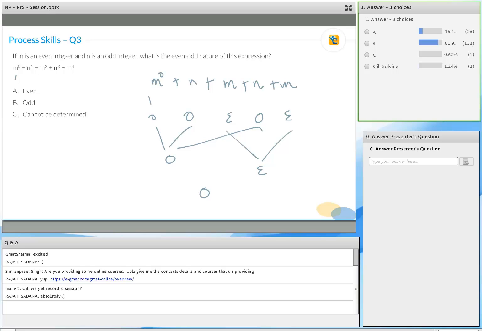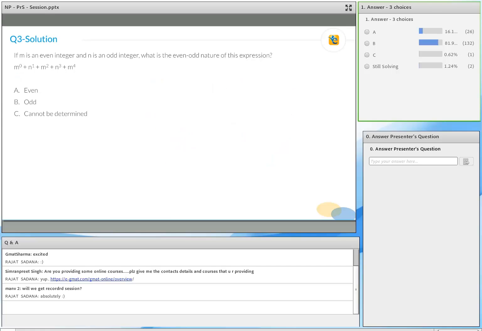Now tell me, people who selected choice A, what did you do? What did you do incorrectly over here? Hit and trial, m to the power 0. So what you did over here was what we have shown on this slide.